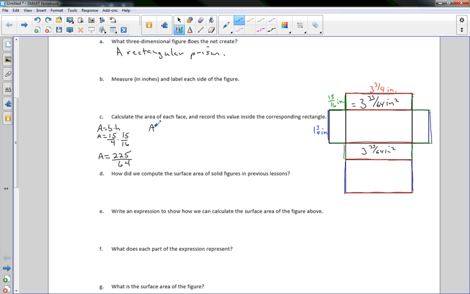So I'll say area equals base times height. And my base is 15/16 times my height, which is 8 times 1 plus 7 is 15/8. So my area of this portion is 225 over 16 times 8, which is 128.